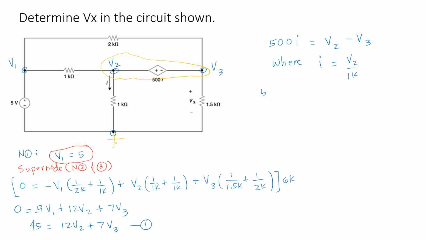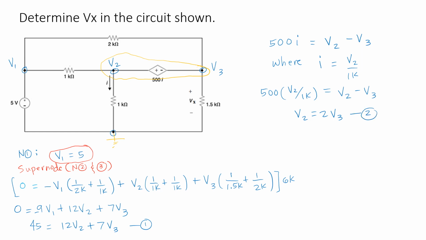Substituting, we have 500 times V2 over 1k is equivalent to V2 minus V3. Simplifying the equation, we can now write V2 is equal to 2V3.